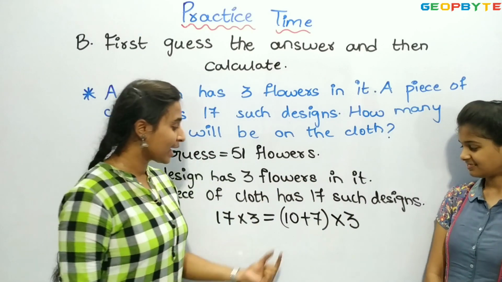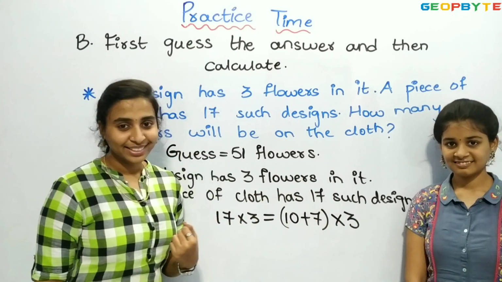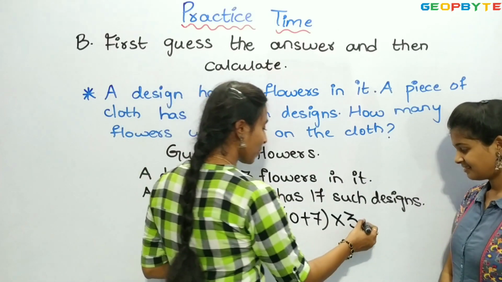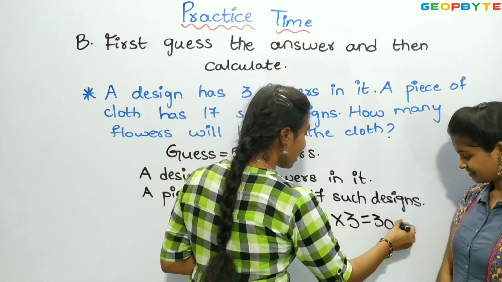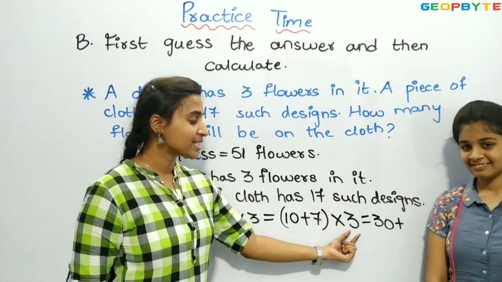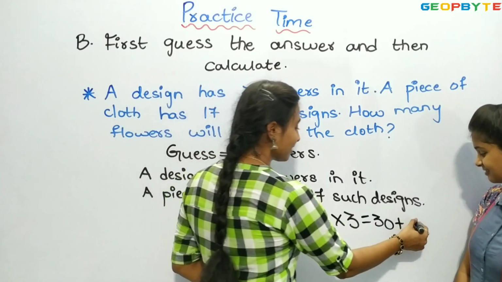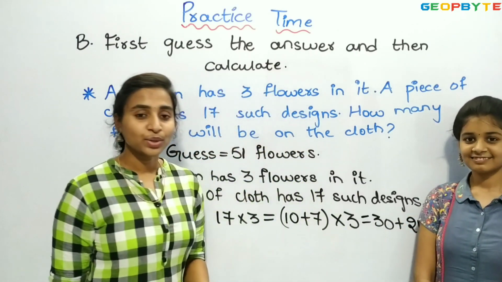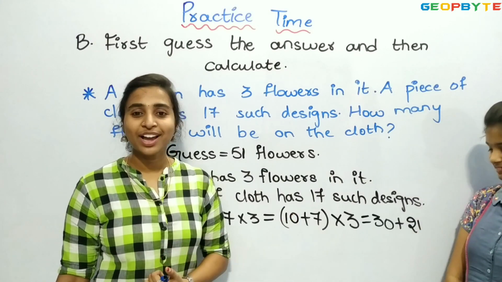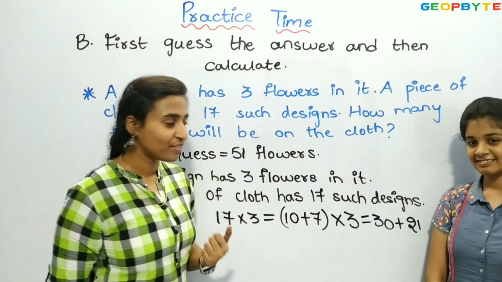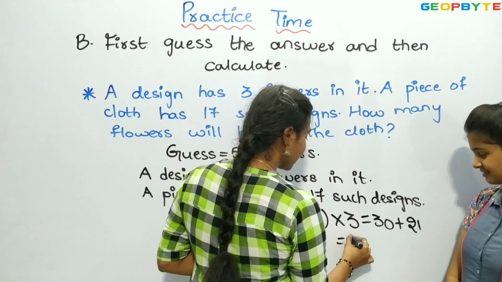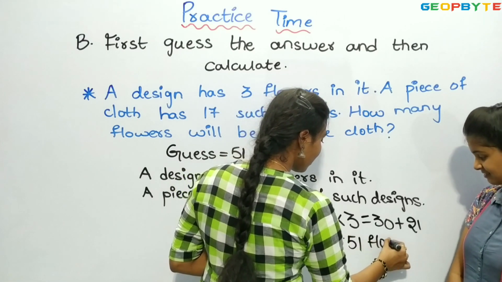First let us multiply 10 and 3. 10 3s are 30, plus 7 3s are 21. So children, 30 plus 21 is nothing but 51. So there are 51 flowers.